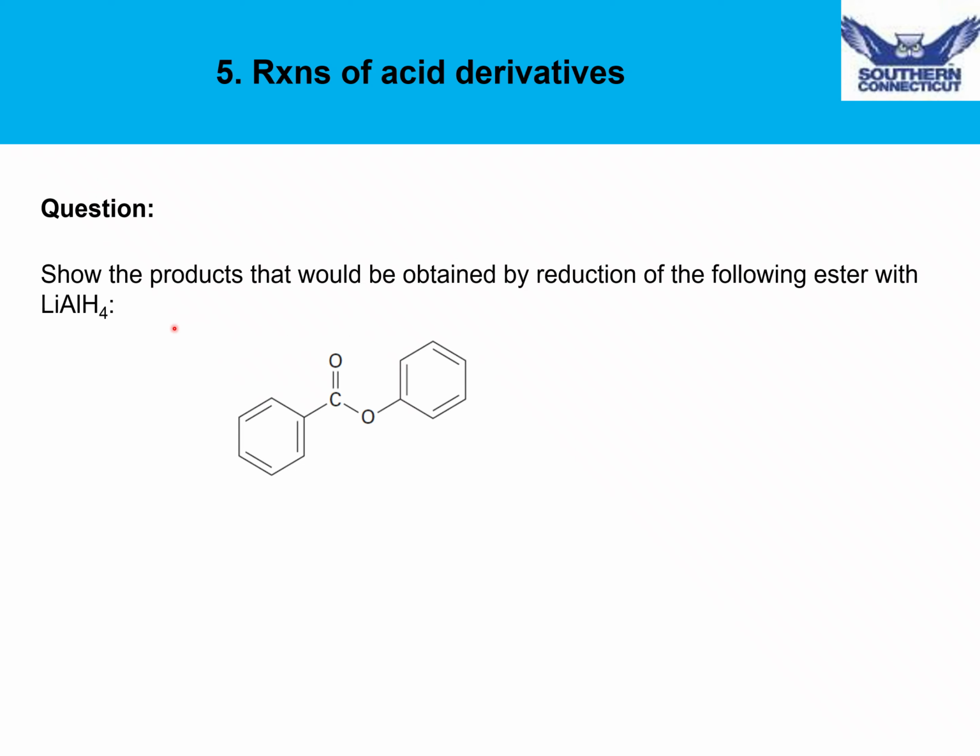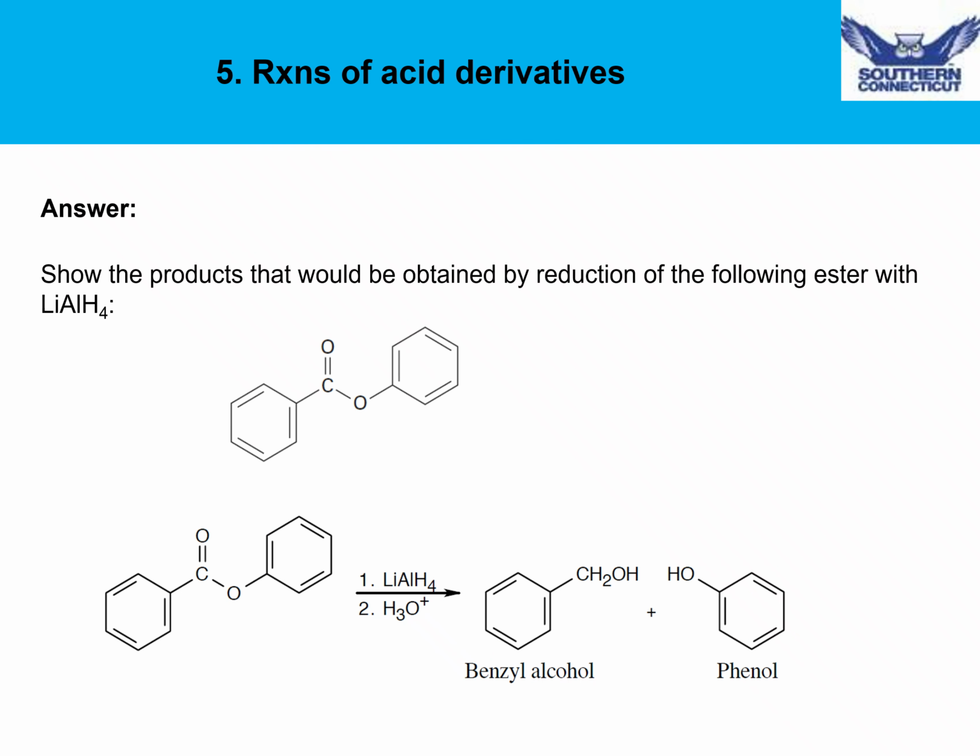In this question, we want to predict the product that will be obtained from a hydride reduction of the following ester with lithium aluminum hydride. As you may recall, when we do a hydride reduction of an ester or an acid chloride, we typically obtain a primary alcohol.